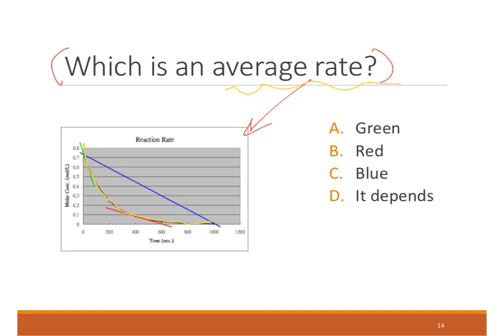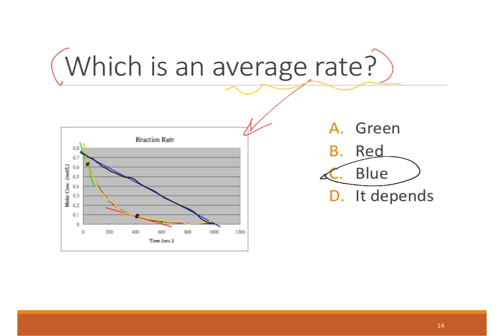I am hoping that you picked the blue one. Why is the blue an average rate? Well, it might be easier to work backwards. The red line and the green line are tangents. They touch the curve at only one point. That makes it a tangent line, which makes it an instantaneous rate.